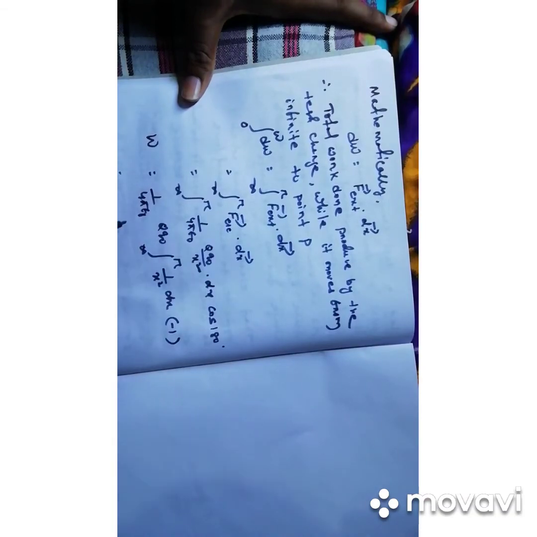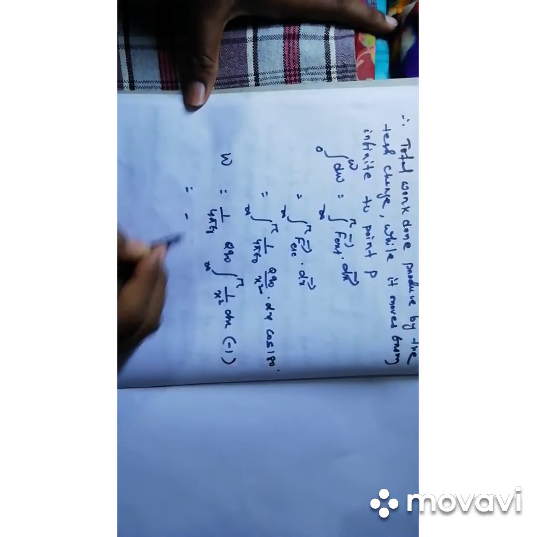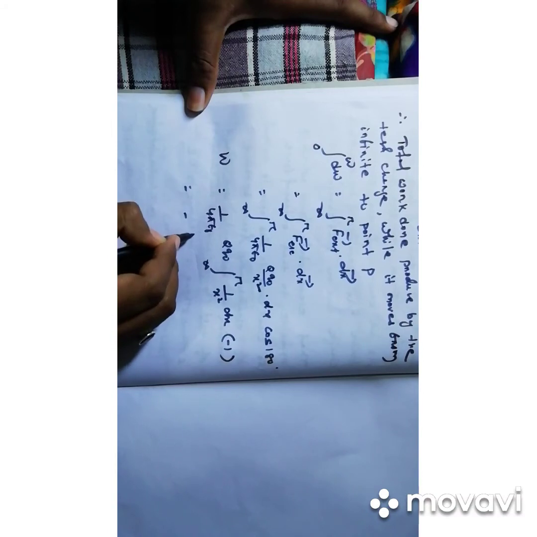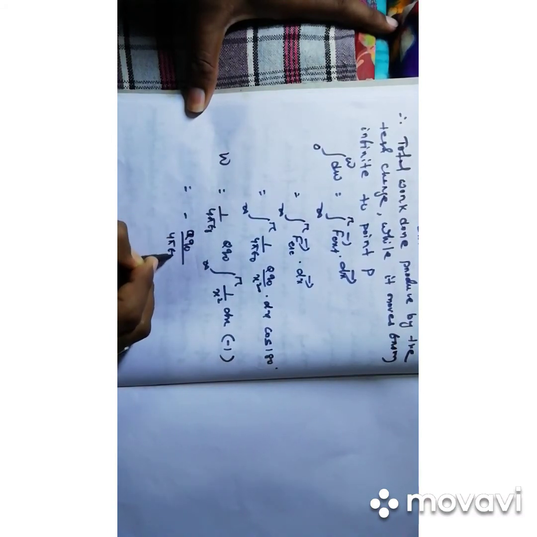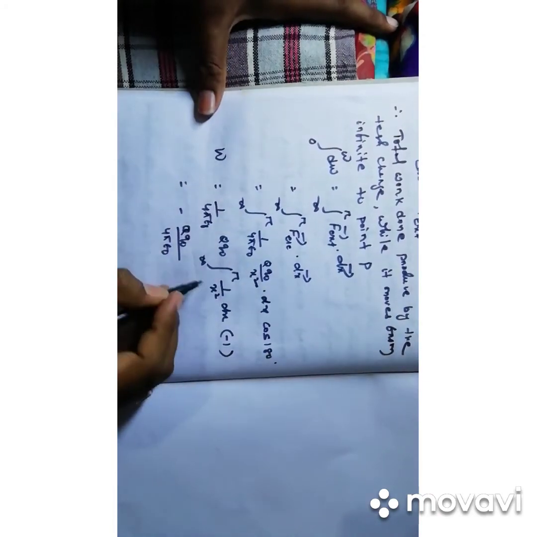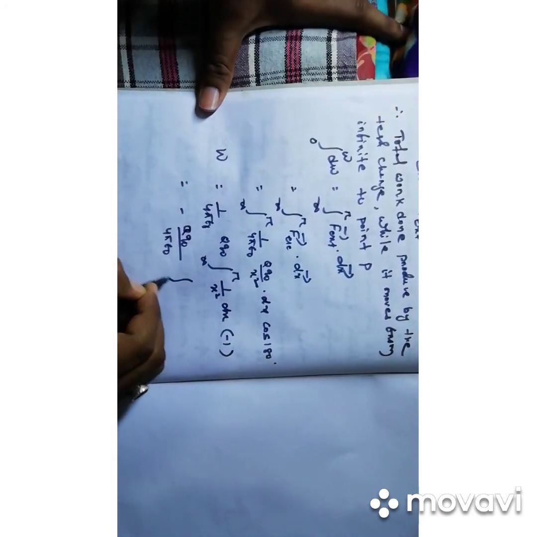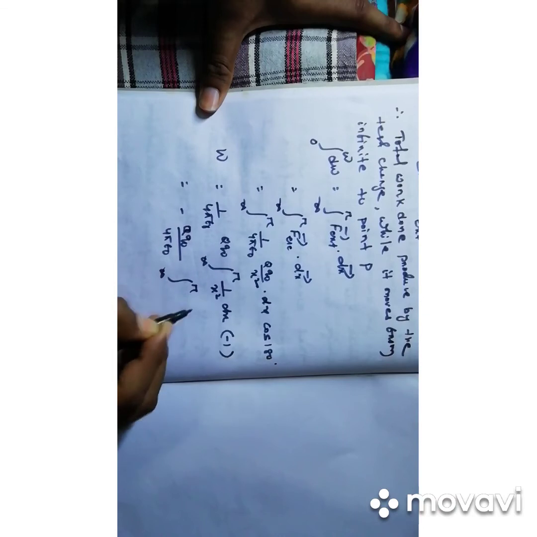So here you write that minus q naught divided by 4 pi epsilon naught, integration from infinity to r 1 by x square dx.